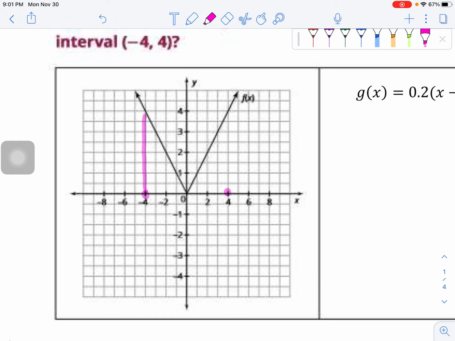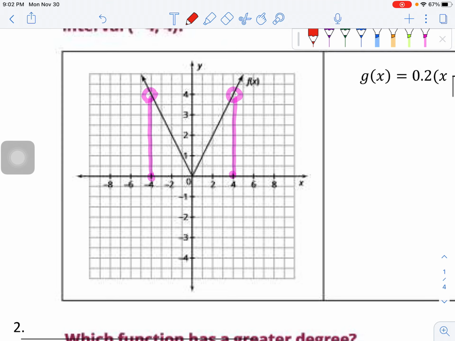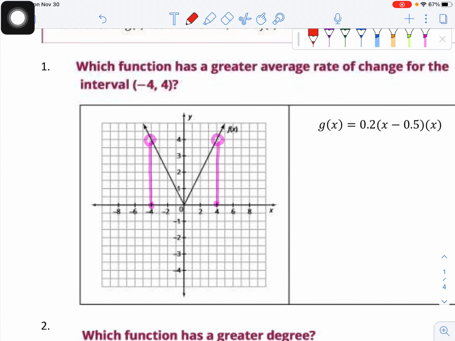And if I go up to the curve, I'm at this point right here. And if I go up to the curve, I'm at that point right there. So my two ordered pairs, all right, I'm just going to work off to the side here. So my two ordered pairs here would be -4, 4, and +4, 4.